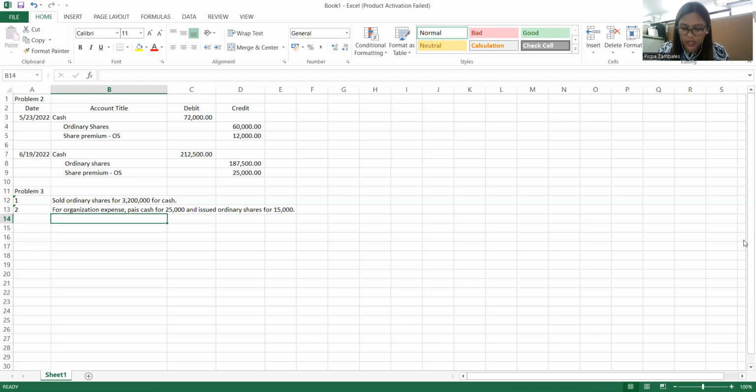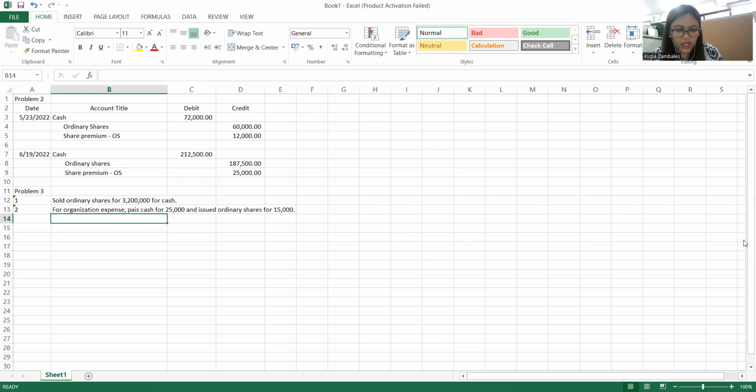Okay, so the requirement is, number 1, to record or journalize the transactions, then post to the shareholders' equity accounts, and prepare the share capital section of the shareholders' equity at December 31, 2018.